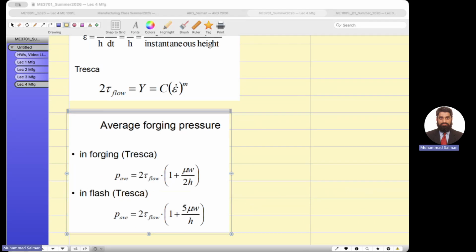Average forging pressure. With that, we have finished this sliding and sticking region for the cylindrical and for the flat rectangular piece.